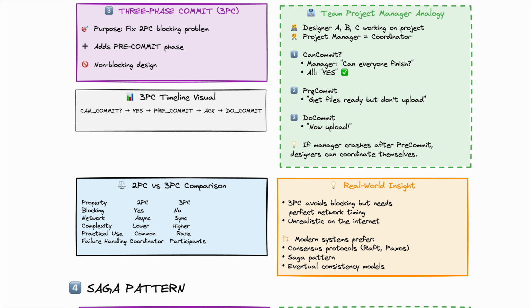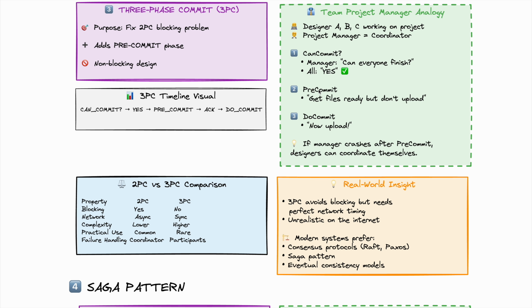In the second phase, the coordinator sends another request: get files ready but don't upload, meaning are you ready to commit? After the second phase, if the coordinator receives yes from all of the participants, then in the third phase the coordinator sends the third request to all of the participants: now you can upload.